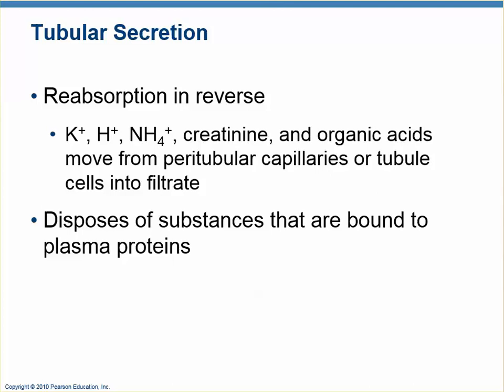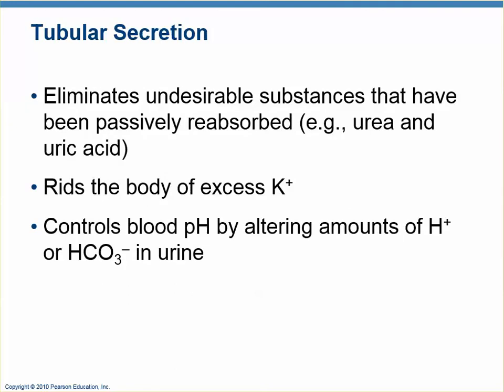A lot of these things end up leaving the filtrate by this sodium drag, by this secondary active transport, and end up back in the blood where we don't want it. So we secrete it. We basically do absorption in reverse, and we put it back into the tubule, back into the urine. And so it's a way of disposing of undesirable substances.